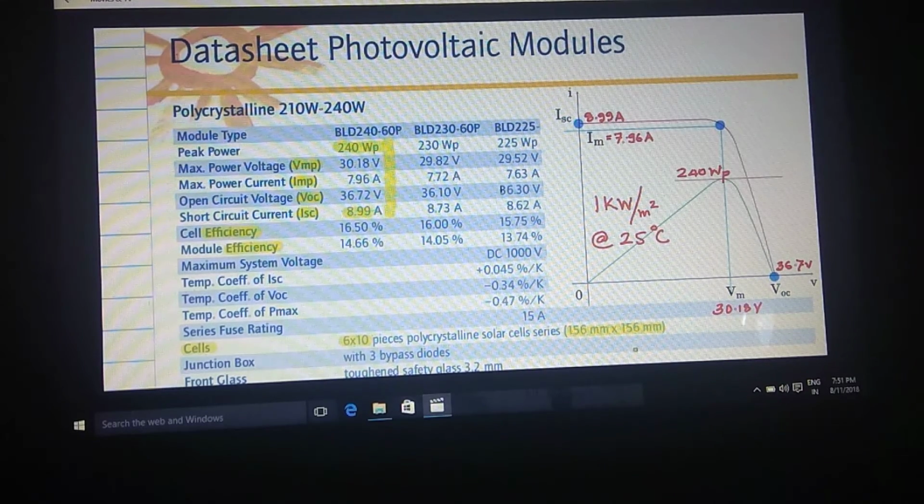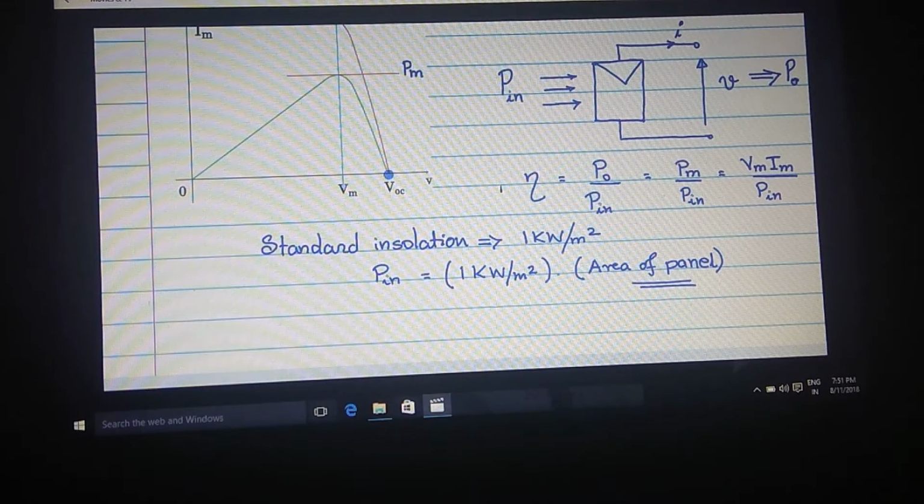So let us use this in our calculation to arrive at what the power input is. So you see that the area of the panel is 60 numbers of the cells, each having 156 mm into 156 mm area. So let us convert them to meters.